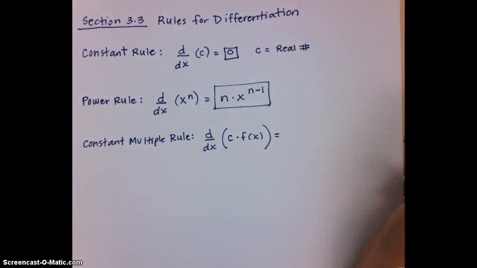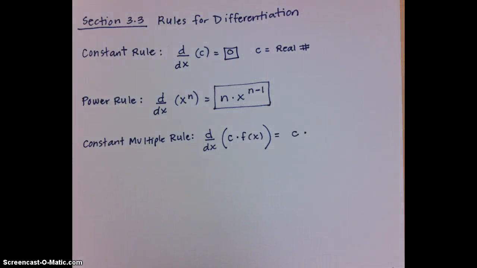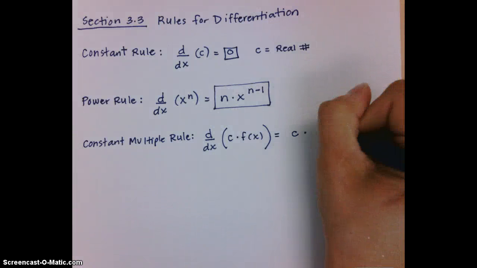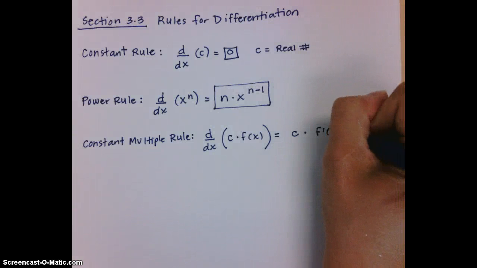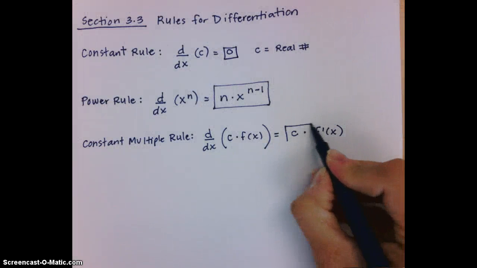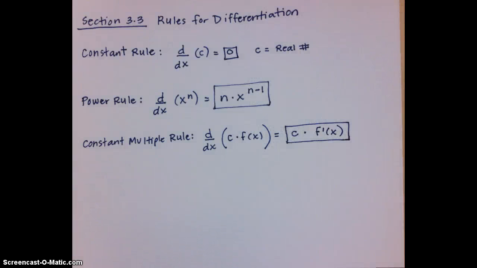And what the rule tells us is that it's perfectly fine to keep the constant off to the side for a minute, find the derivative of the function f using whatever rule you may need to use, and then just multiply that c back in. So in other words, take the derivative of the function and multiply the answer by the constant.